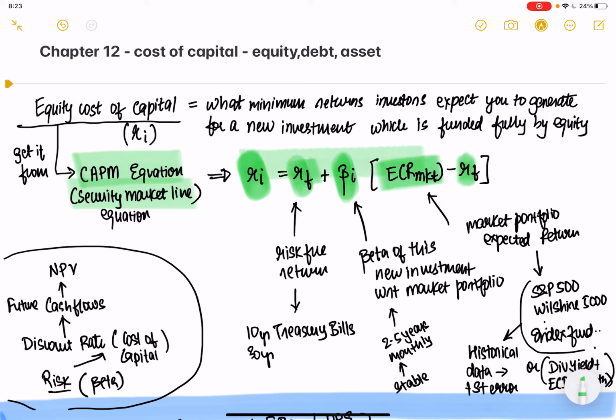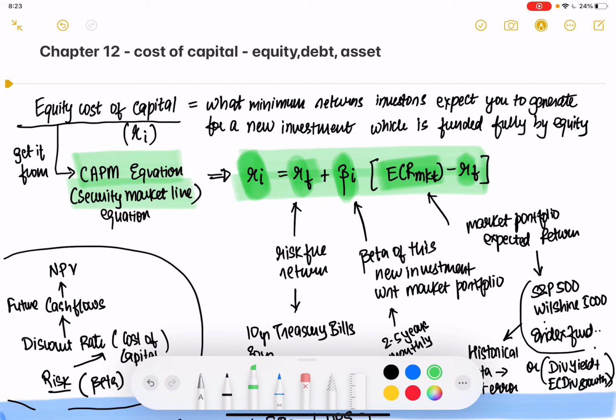This equation is the CAPM equation. This equation is the security market line equation. This helps us with finding out the cost of capital.